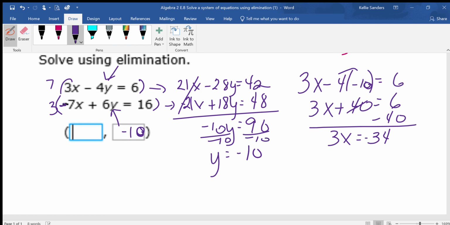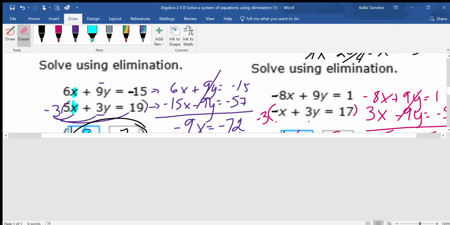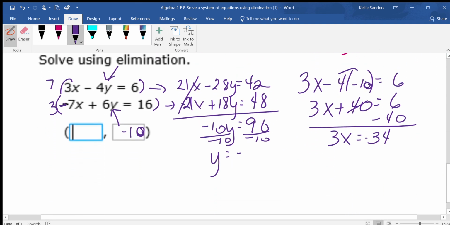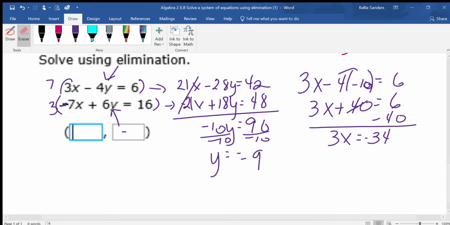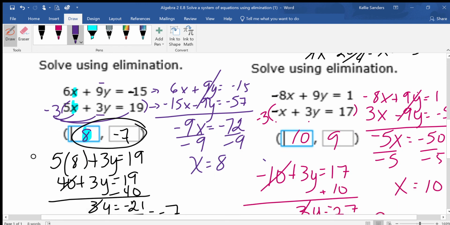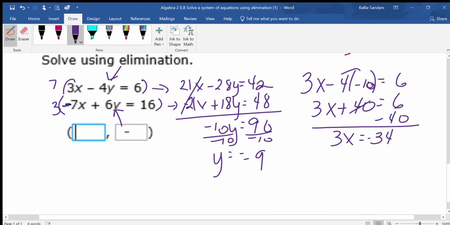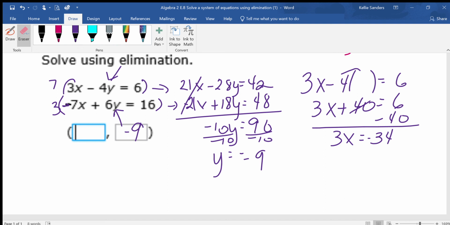I divided by negative 10. Ugh. It's got to be easier than this. And so that would be negative 9. Negative 9. So in here, that's going to be a negative 9 instead.